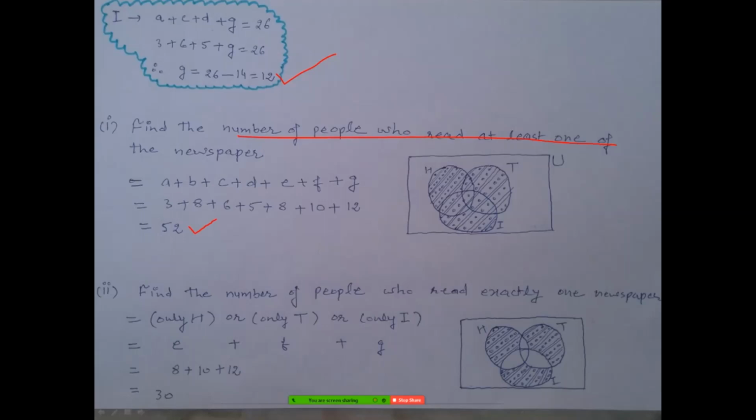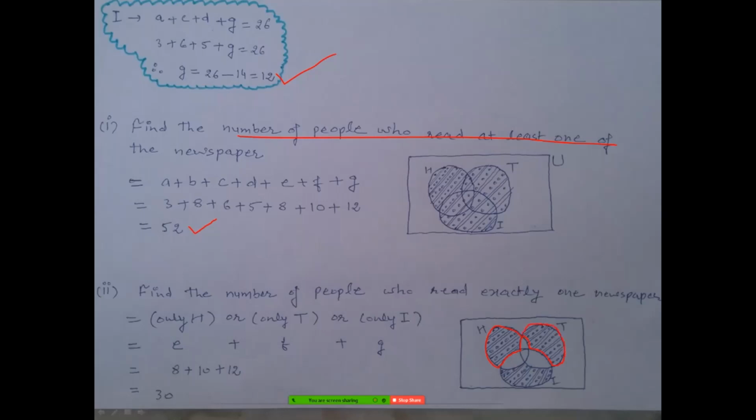Next one is find the number of people who read exactly one newspaper. That is only H, where the common portion is not selected, or only T, or only I. What is only H?